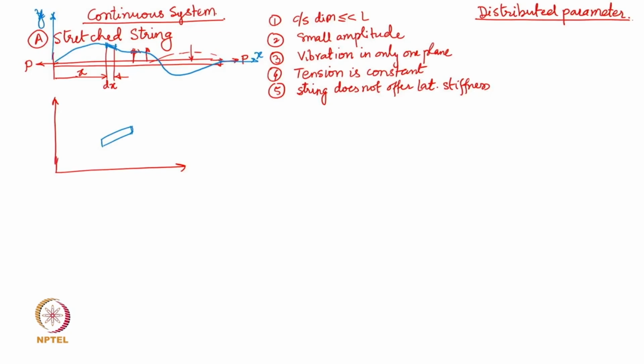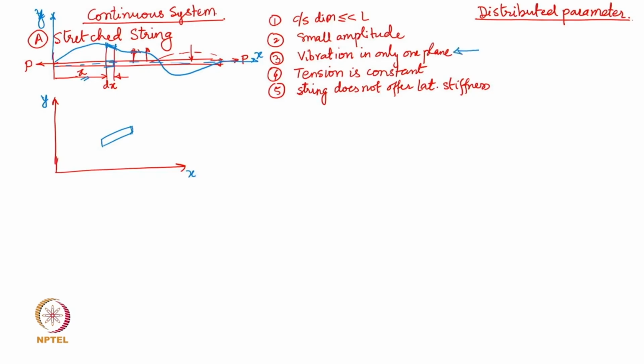X is the actual coordinate of the string, and at any arbitrary distance x, we are chopping off this particular element of the string and looking at what forces are going to act on it. So this is your xy plane in which it is vibrating.